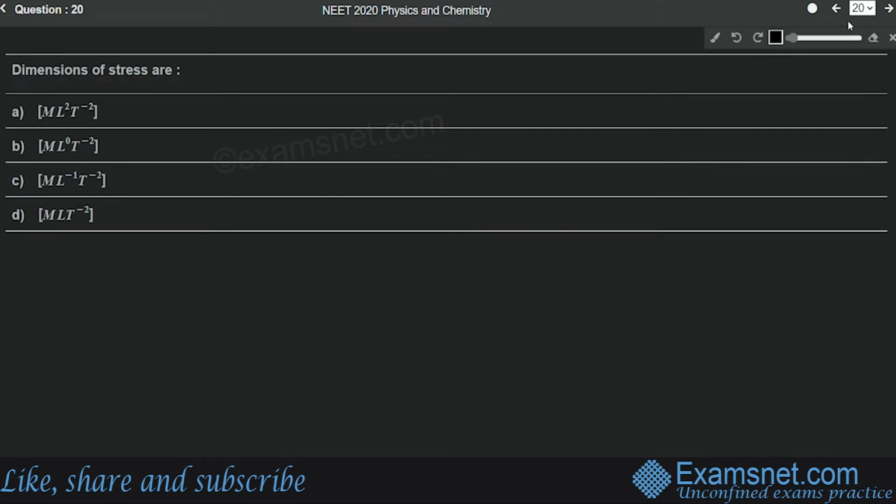Question number 20 is from the mechanical properties of solids, and the question is, dimensions of stress are. So what is stress? Stress is equal to force per unit area, right? So the dimension for force will be what? We know that force is equal to mass into acceleration. So the dimension for mass will be M, and for acceleration it will be LT^-2.